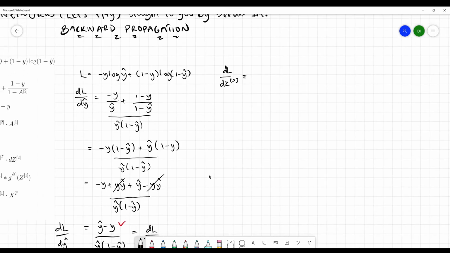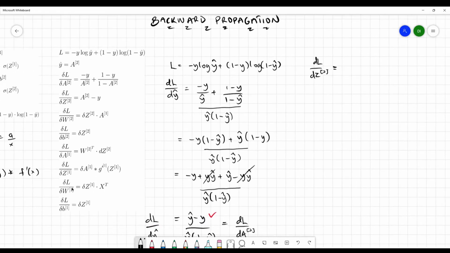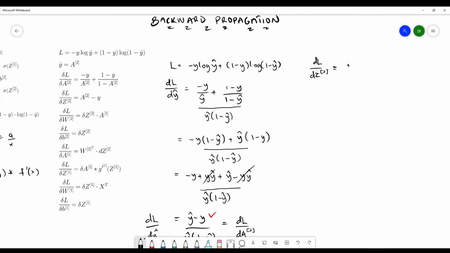And so dL/dz2, if we say the inside function multiplied by the outside function, so it's something like dL/dA2, tell me if this makes any sense, multiplied by dA2/dz2. The outside function multiplied by the inside function.